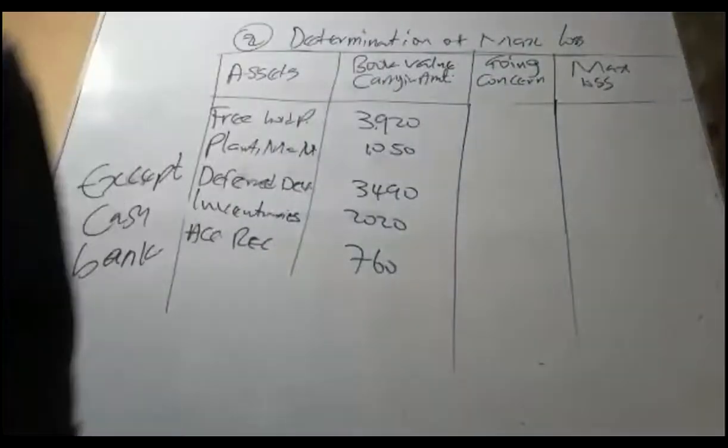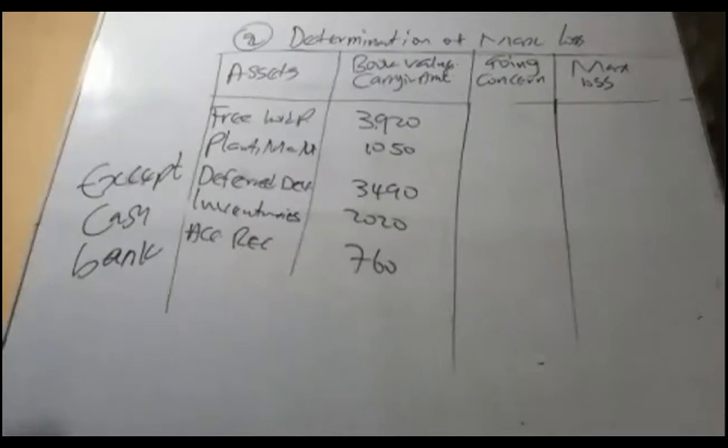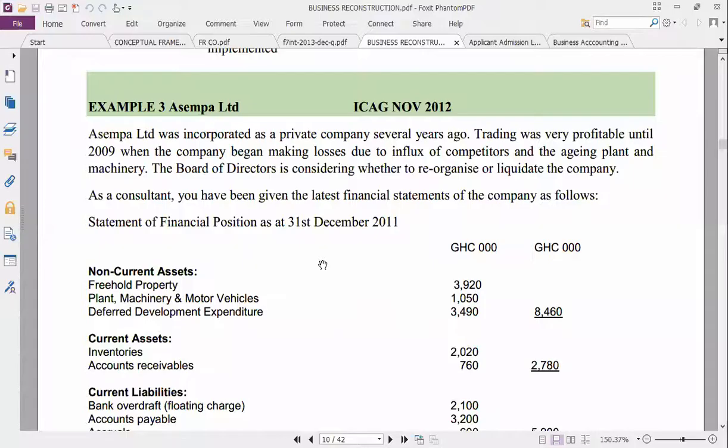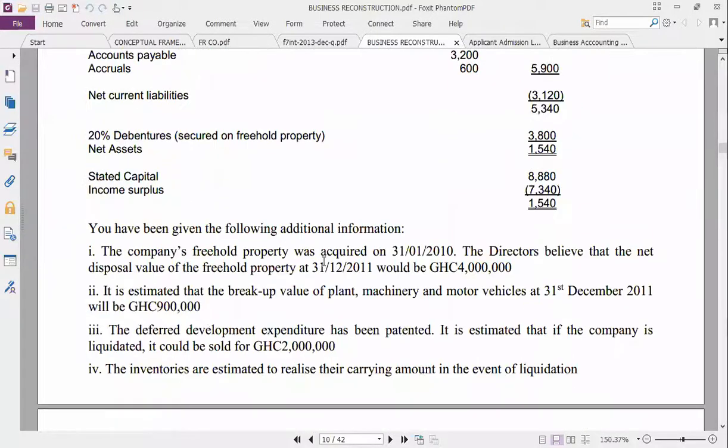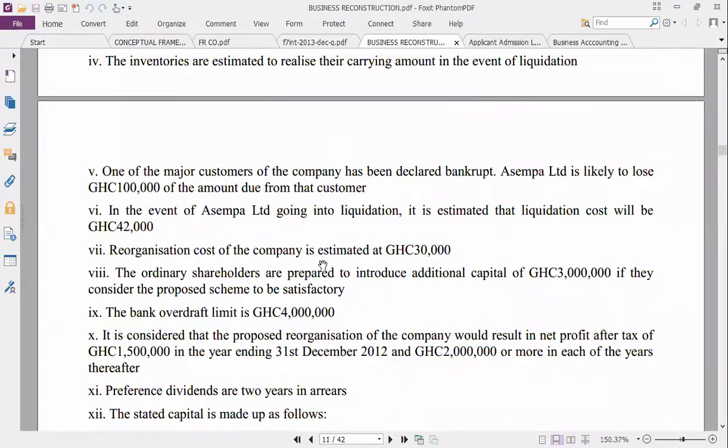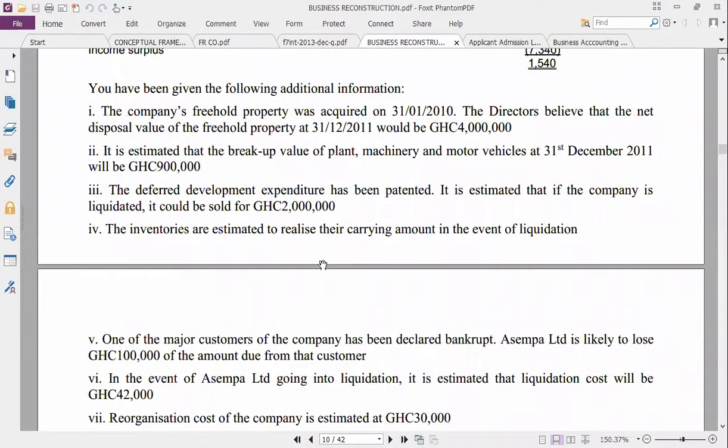Let's move together, straight to the footnote. Good. So in the footnotes, you have been given the following additional information.